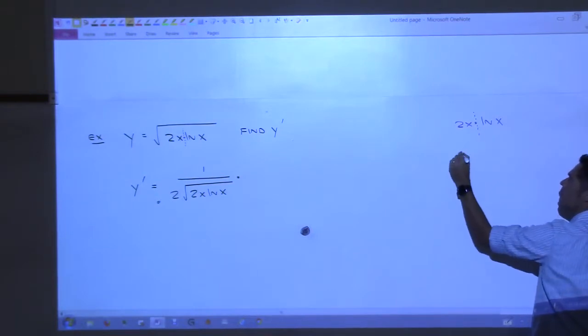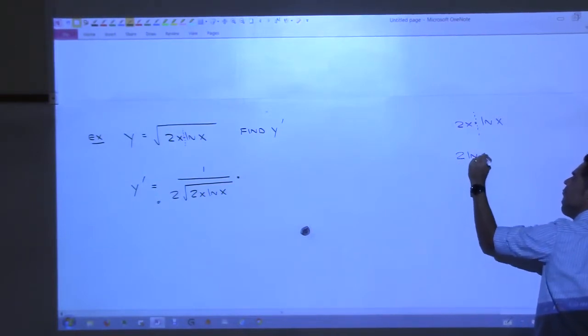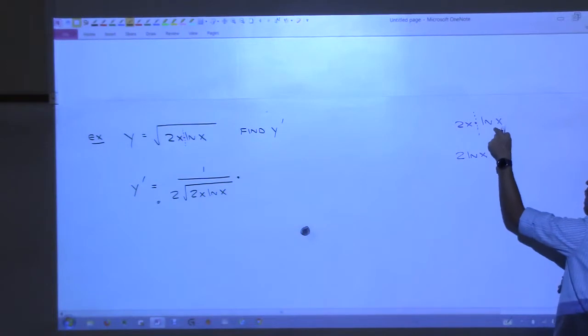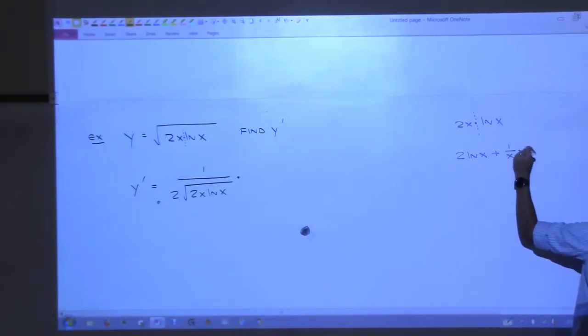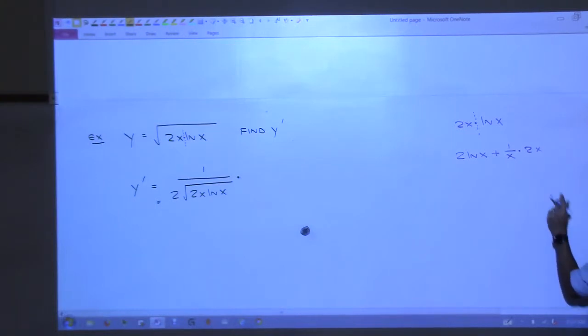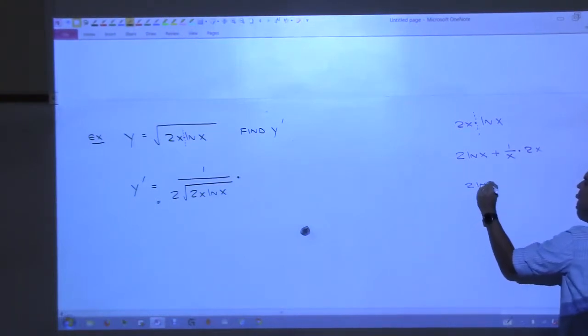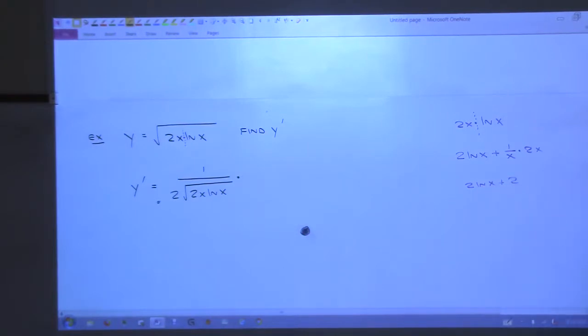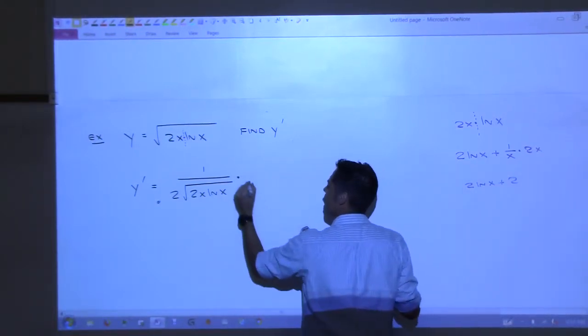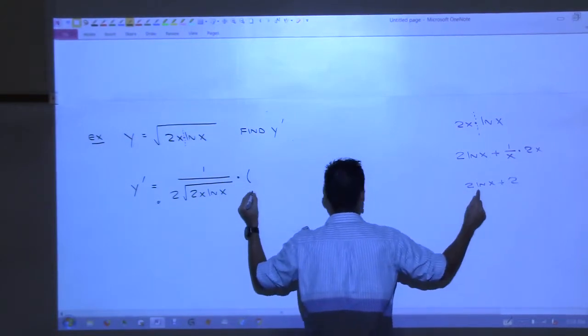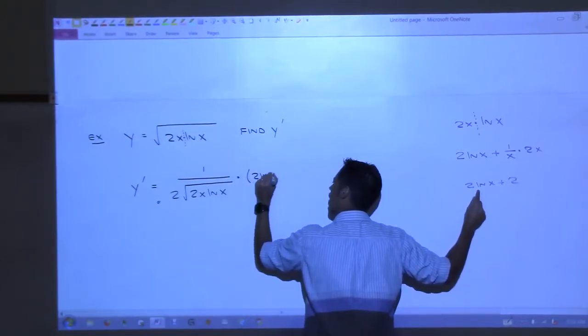So derivative of this would be 2 times natural log of x plus, what's derivative of natural log of x? 1 over x times 2x. And that's kind of interesting because this x and this x cancel, don't they? So you just get 2 natural log of x plus 2. That's that little product rule. And that needs to be tacked on to the end of this. So in parentheses, I'm going to put 2 natural log x plus 2.